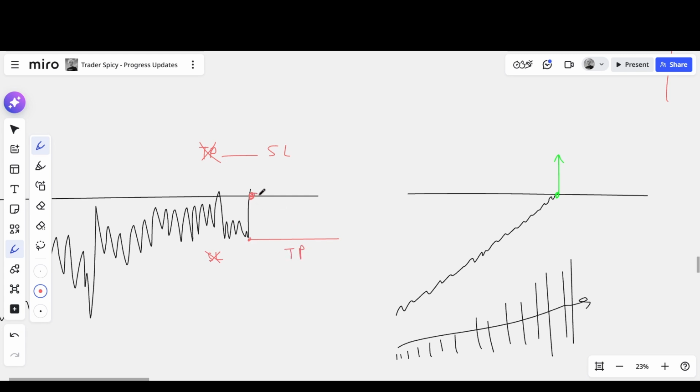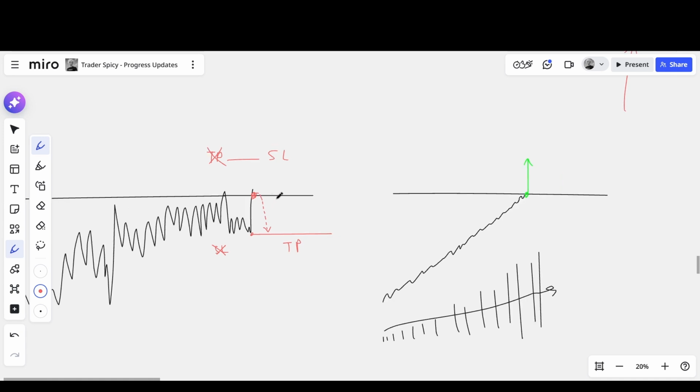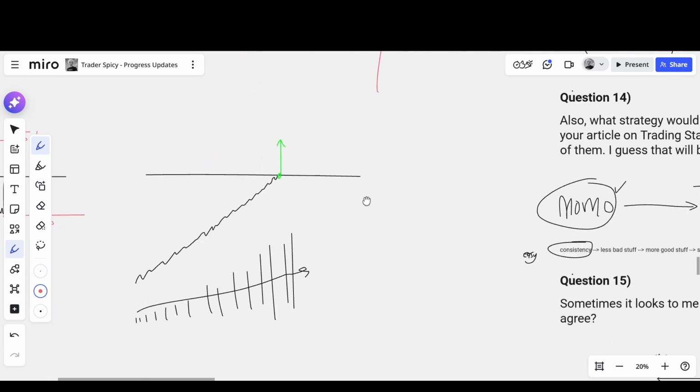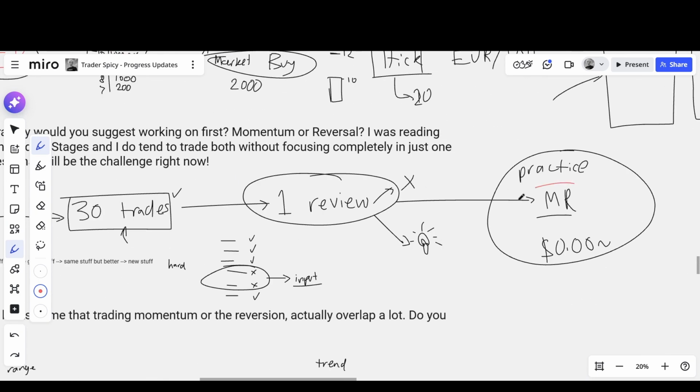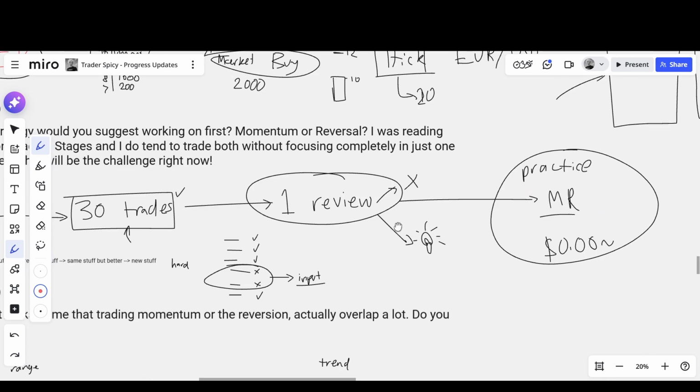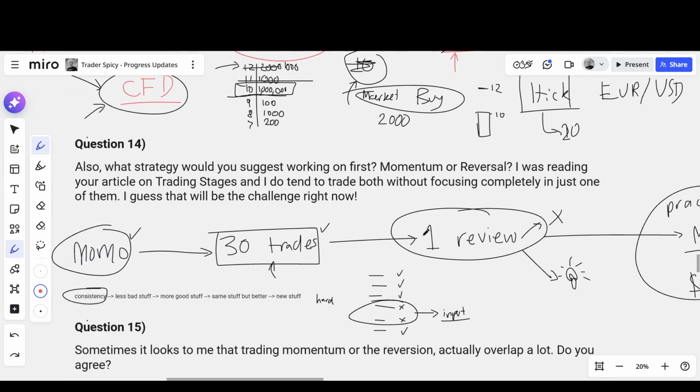All you're doing is betting that if you were to take a momentum trade here, it would fail and get stopped out. That is the logic with these practice mean reversion trades. We are trying to lose the momentum trade intentionally, and the way that we express this bet is with a mean reversion trade. That's it. Super simple. I hope that made sense.